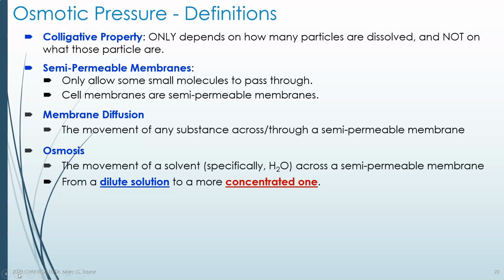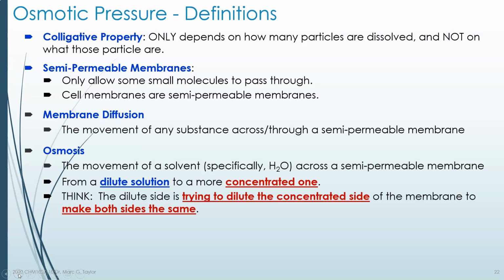If you have a lot of salt or sugar or whatever molecules on one side of the membrane and only a little bit or none on the other, the water on the side with none will flow through the membrane in an attempt to dilute out the solution on the concentrated side. The goal is that it is much more energetically favorable if both sides have the same concentration, and the water will move across that membrane to dilute out the concentrated side to make both sides about the same.